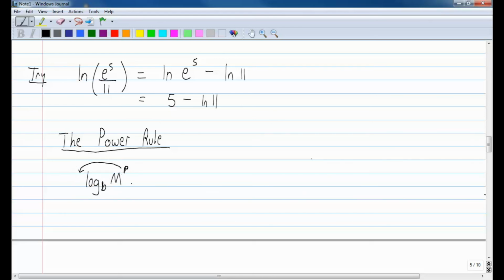So log base b of m to the p power is the same thing as p times log base b of m. So being able to take a power and move it is a very big deal.